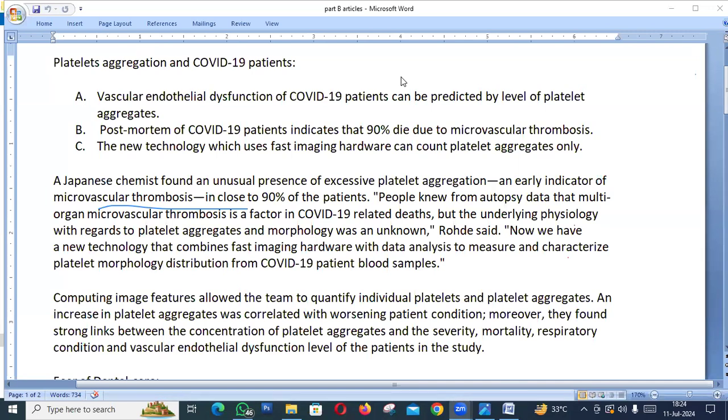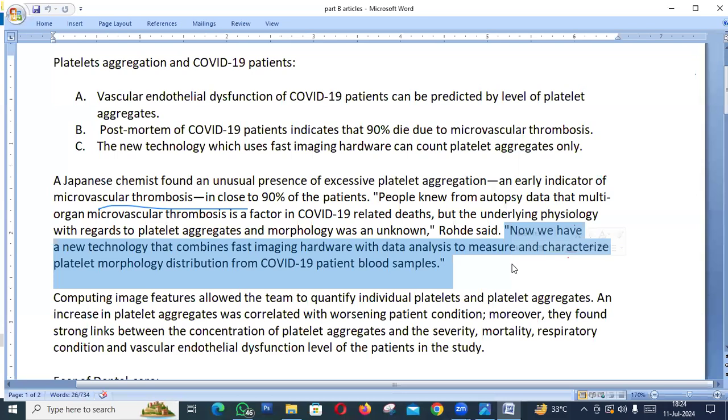Now we have new technology that combines fast imaging hardware with data analysis to measure and characterize platelet morphology distribution from COVID-19 patient blood samples.